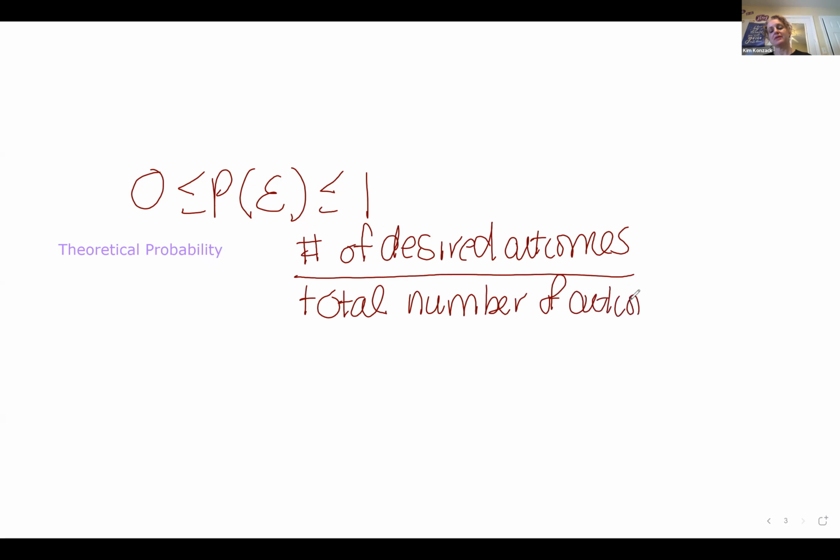And this is the probability that we have been dealing with. All good. This is the one that we have been considering.